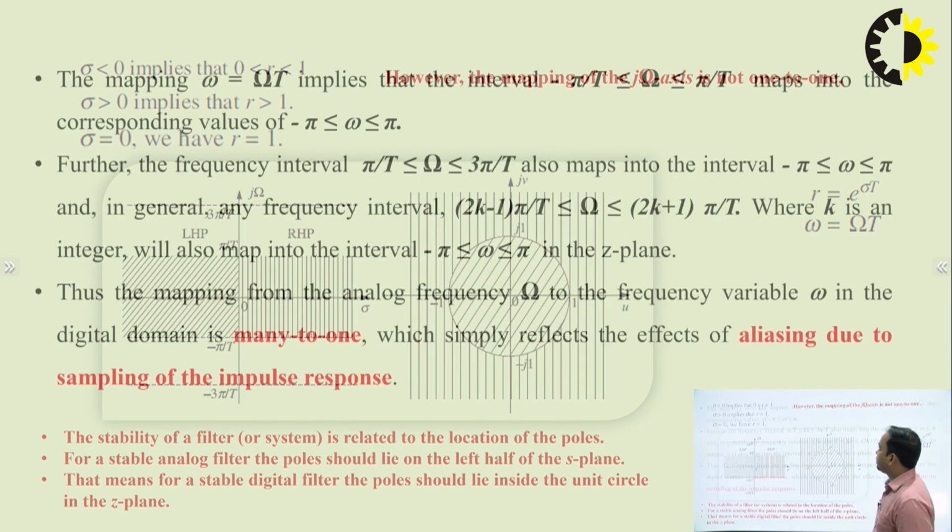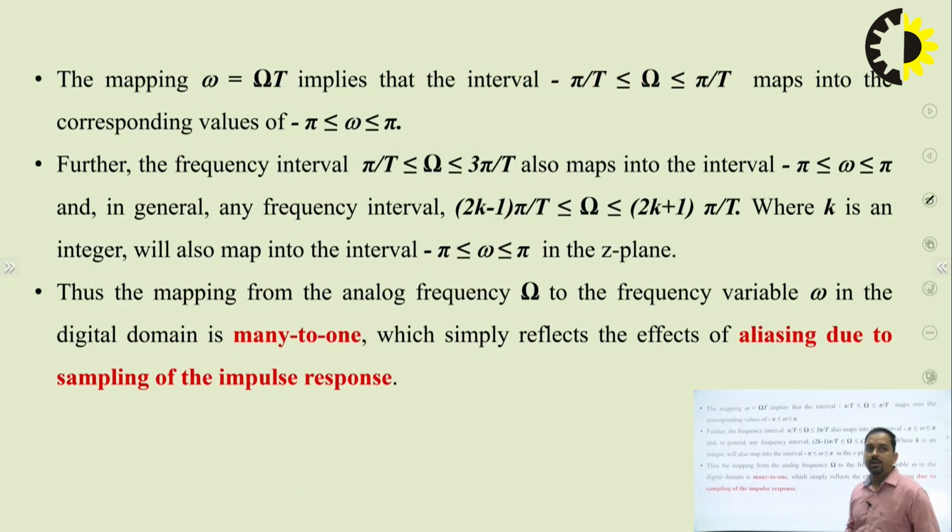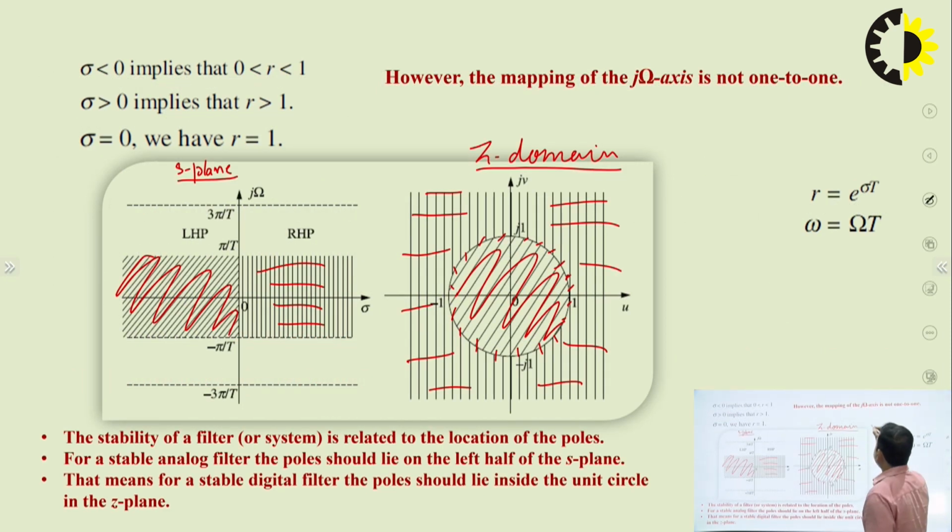Next is the mapping regarding the frequency. As we can see from our last equation, omega equals capital omega multiplied by T. If omega varies from 0 to infinity, let's mark this value pi by T. Putting pi by T over here, I get the value pi.